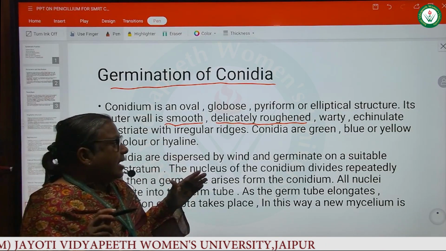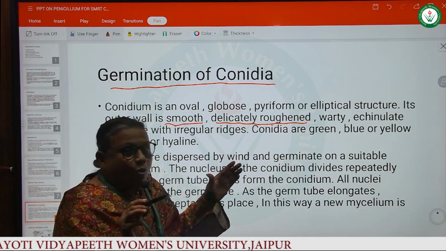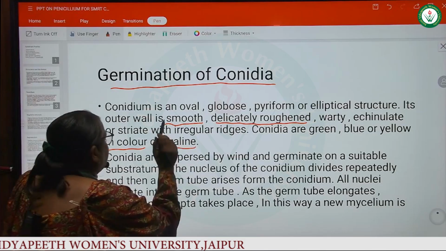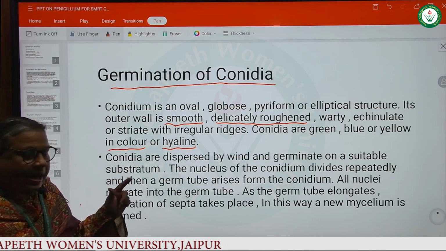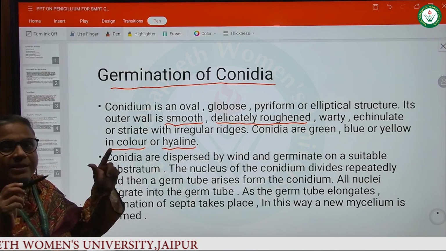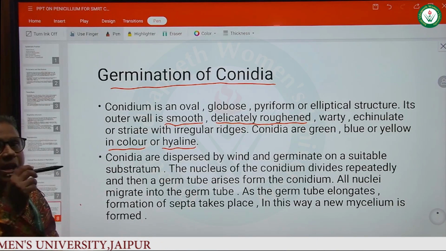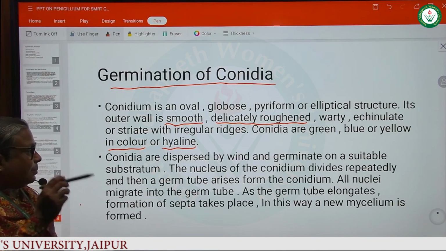Conidia are green, blue or yellow in color, or they may be hyaline. These conidia are dispersed by wind and they germinate on a suitable substratum.